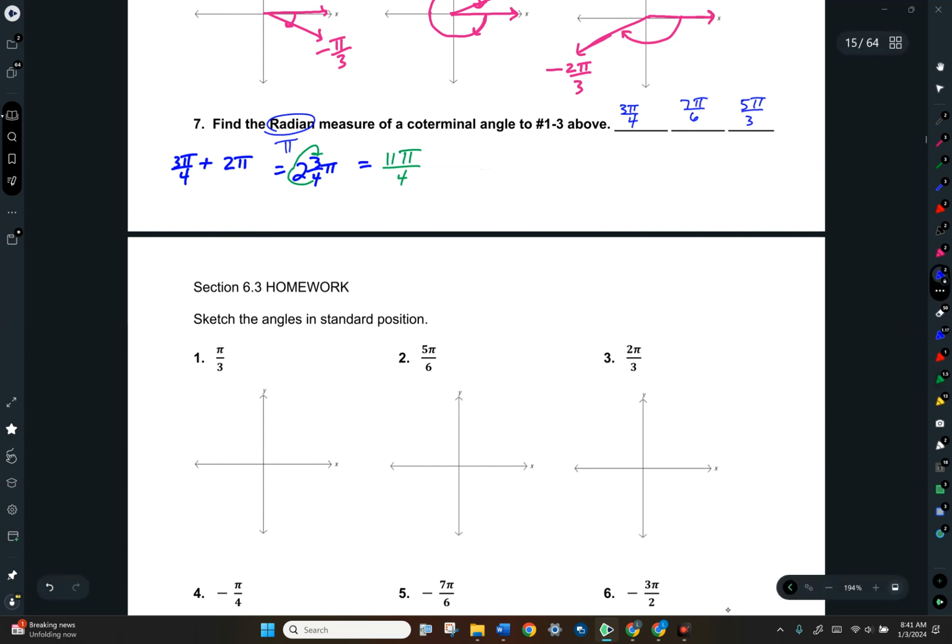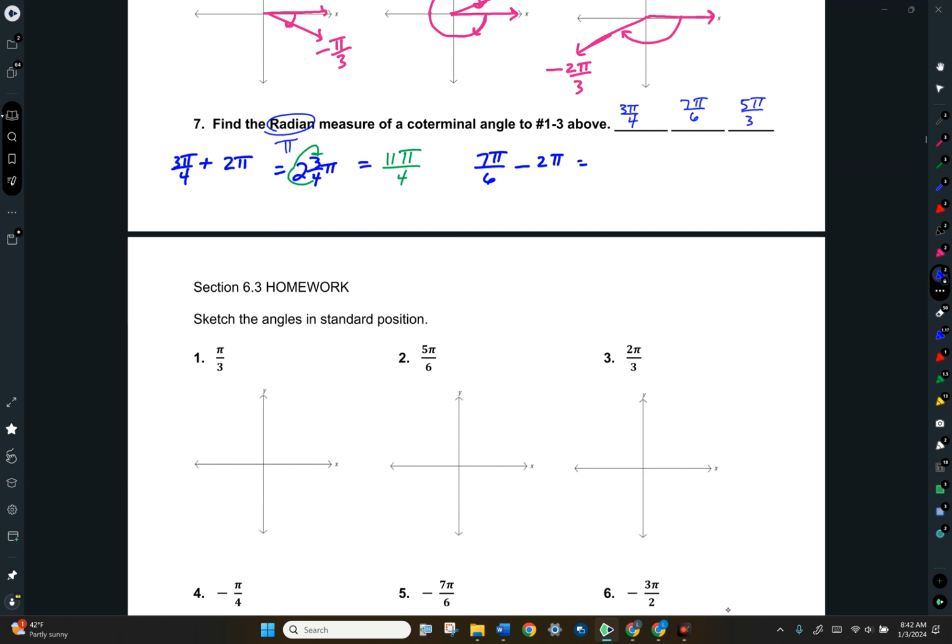Let's try one more. If I have 7 pi over 6, again, you can either add 2 pi or subtract 2 pi, whichever you want. Let's just try subtraction because it's different. So if I subtract 2 pi, so 7/6 minus 2, that's what we're really doing. Forget the pi's, 7/6 minus 2.